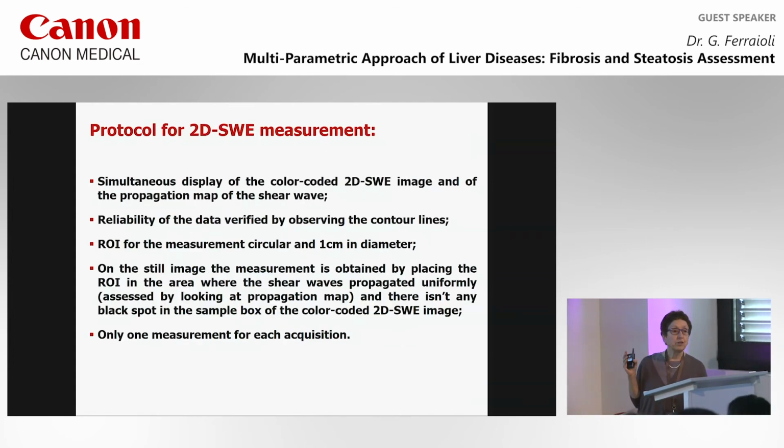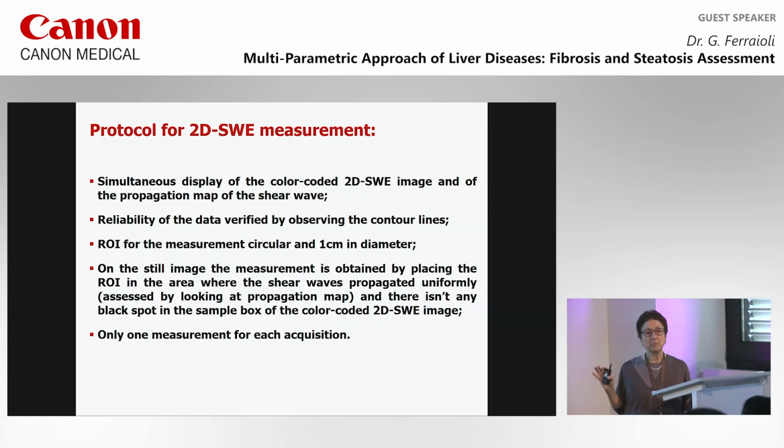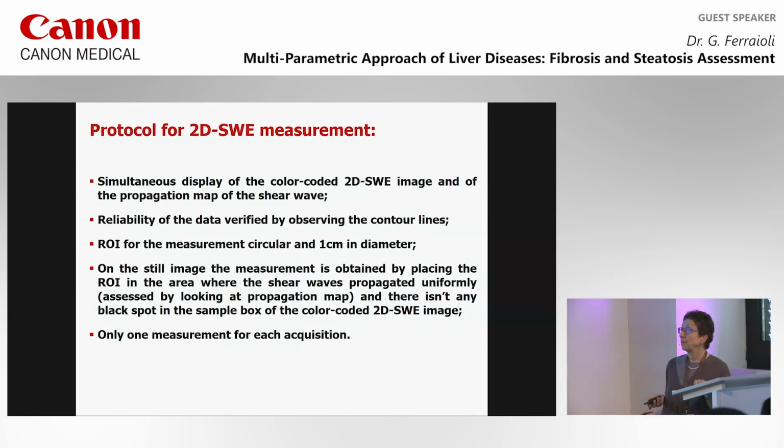And the protocol for this system, for two-dimensional shear wave elastography: by default, we have a simultaneous display of the color-coded image and the propagation map. The reliability of the data is always verified by looking at the lines, and the ROI for measurements is at least 1 centimeter deep.